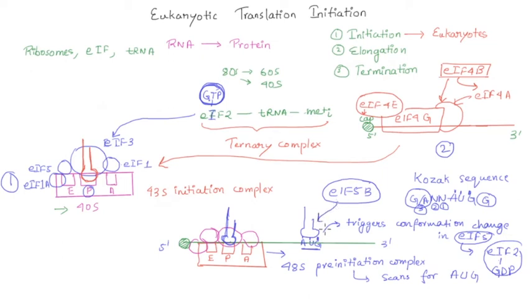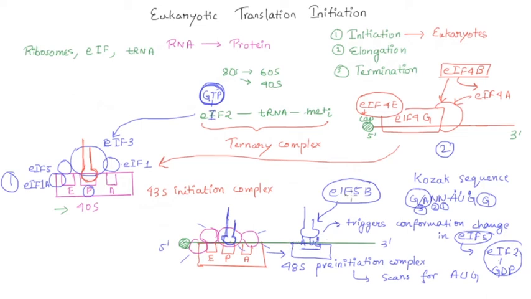Now, as soon as the EIF5B comes in and binds to the complex, all the other proteins that were there leave the complex, and only the smaller subunit of the ribosome is present.